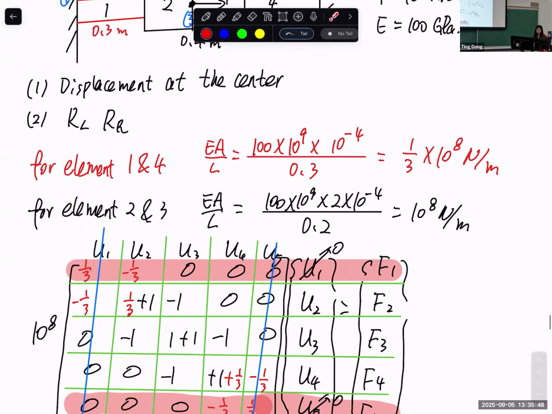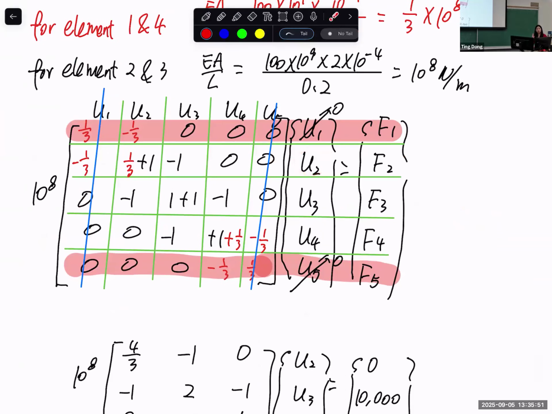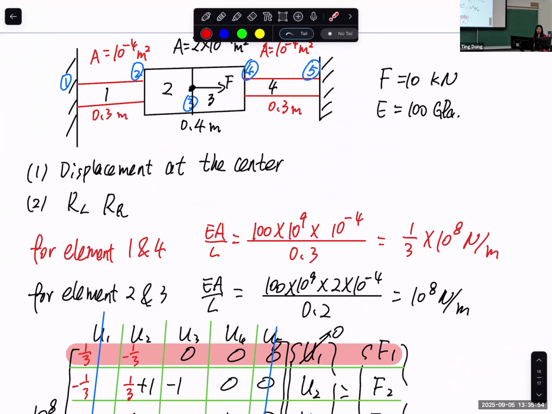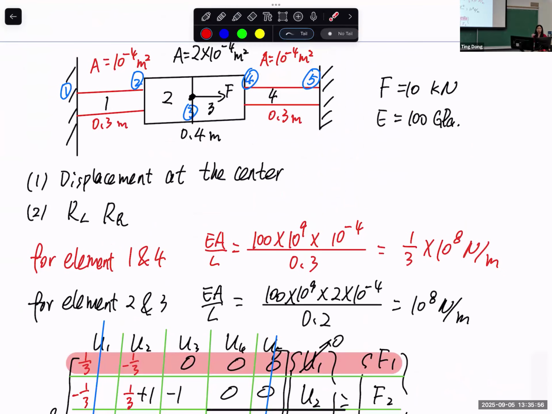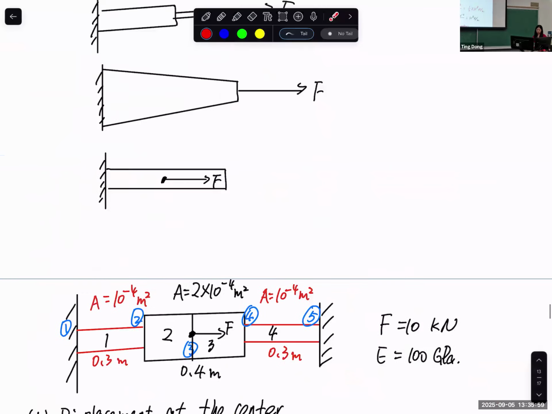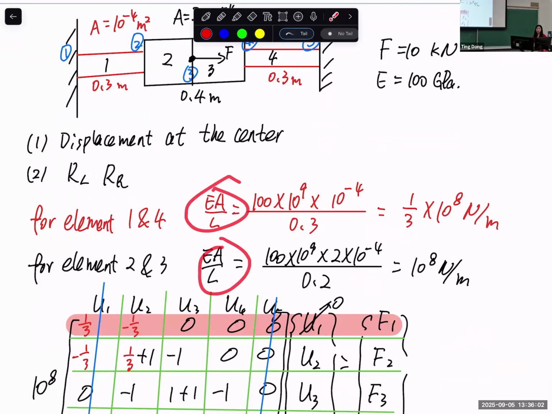Since we already have all the displacements, you can easily calculate the internal force, which is K times Uj minus Ui, the second node minus the first node. That becomes the internal force, and dividing it by the cross-section area gives you the stress. Compare that stress with the allowable strength of the material, and you can check if the structure is safe or not. Make sense? Any question for this whole section?